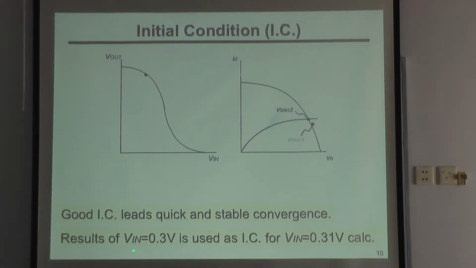So first we calculate the cross point at 0.3 volt, and next we want to calculate 0.31 volt. In this case, we use the previous result as the initial condition, so that for the 0.31 volt case we can start from here, and it's easy to converge to here.